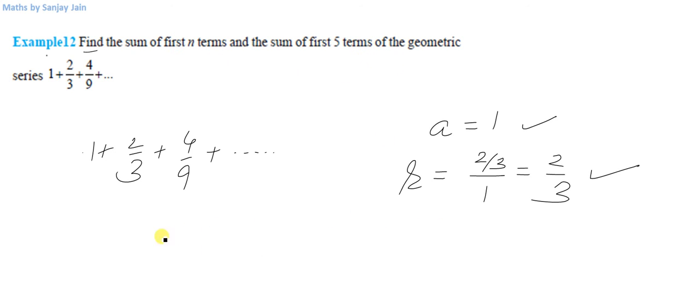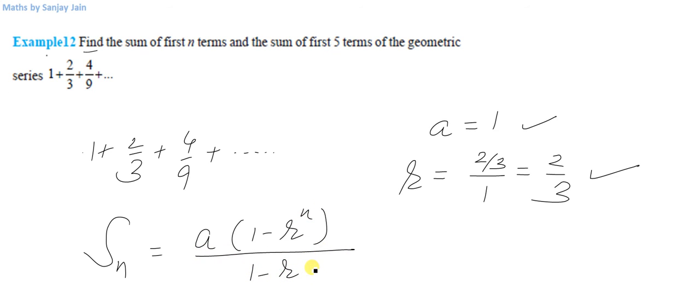Okay. So what will be the sum of the first n terms? Sn is A into 1 minus R raised to power n divided by 1 minus R. This is the formula. So I am going to put the values in this formula.